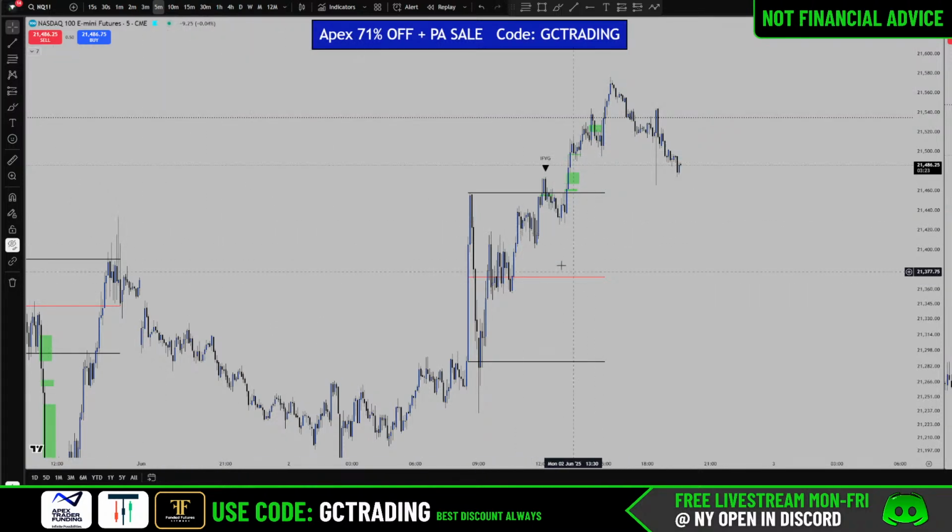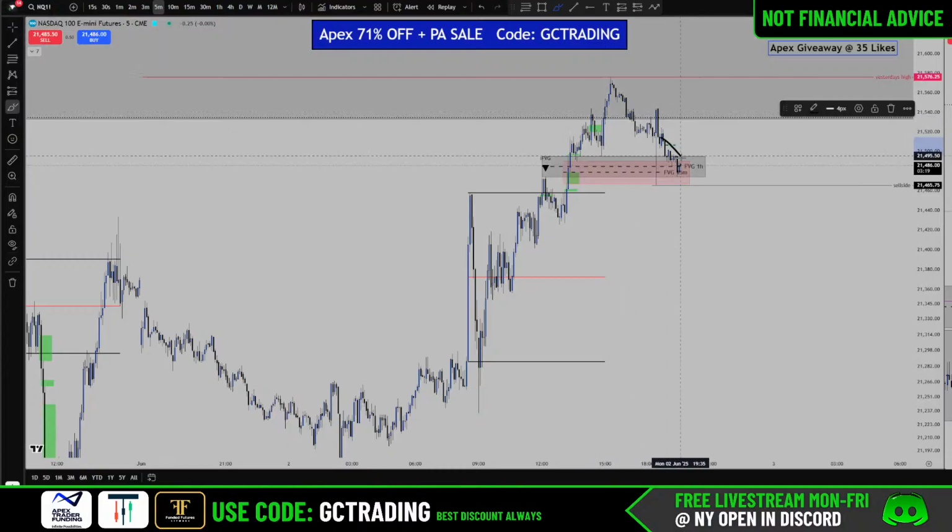This thing looks like it can just do this. I'm not saying it's going to, but that's kind of what it's looking like right now. Maybe we do that and then we get a strong buy sequence.